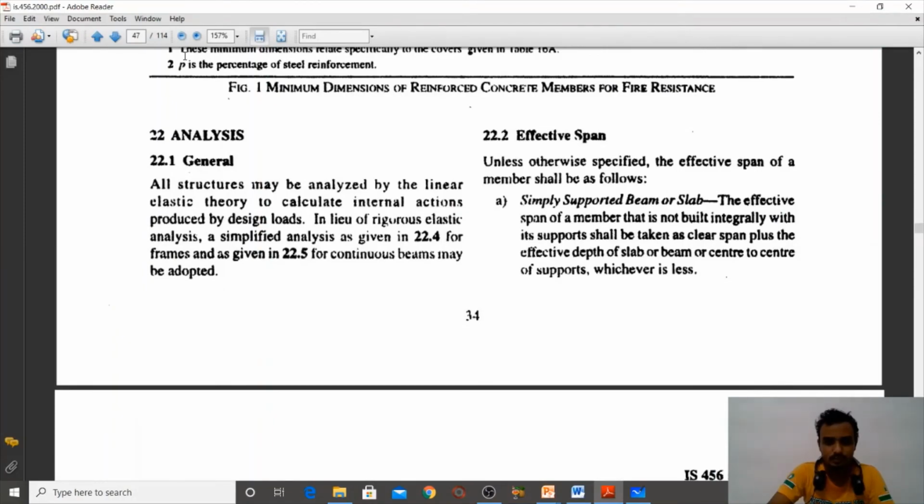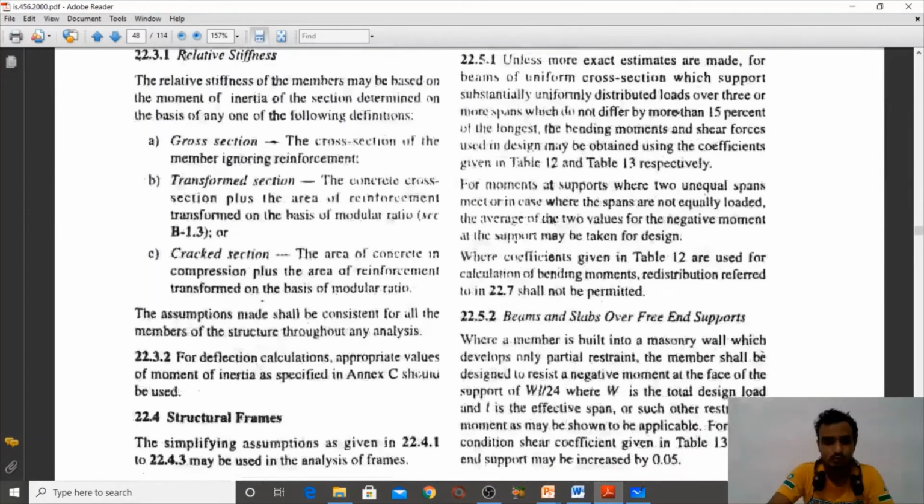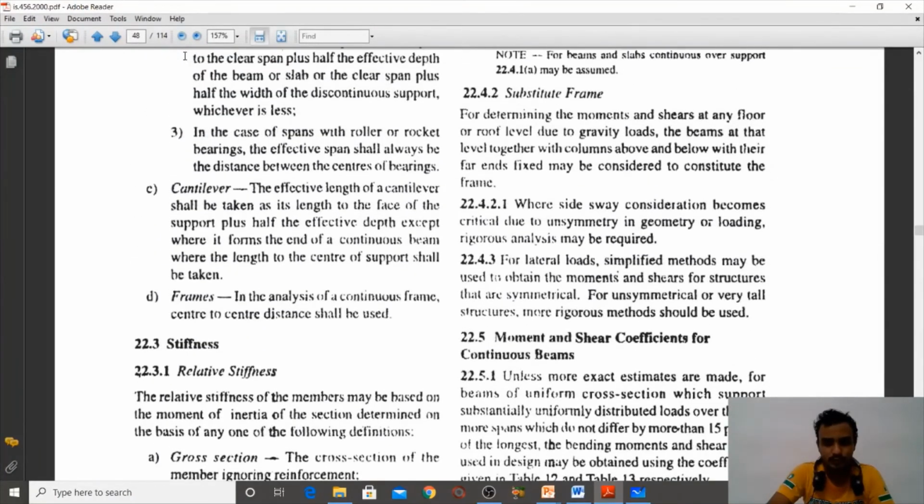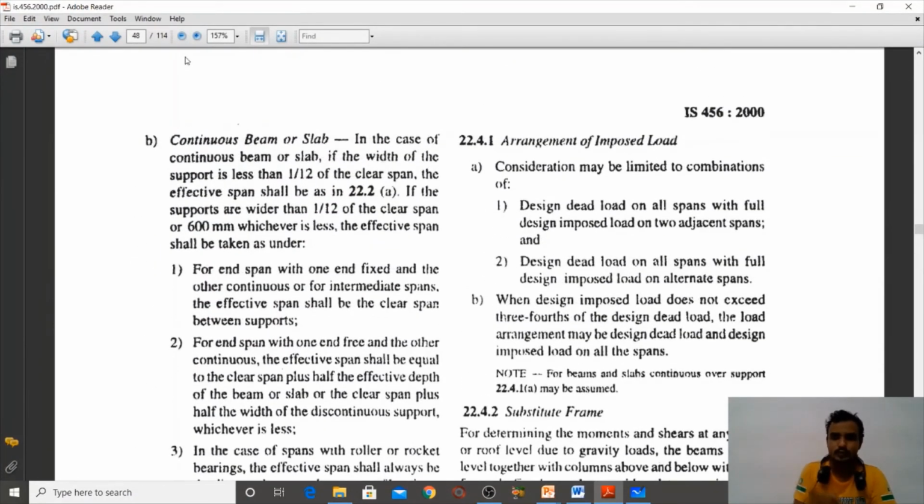What does the clause say? It says arrangement of imposed load on a continuous beam. Arrangement of imposed load.